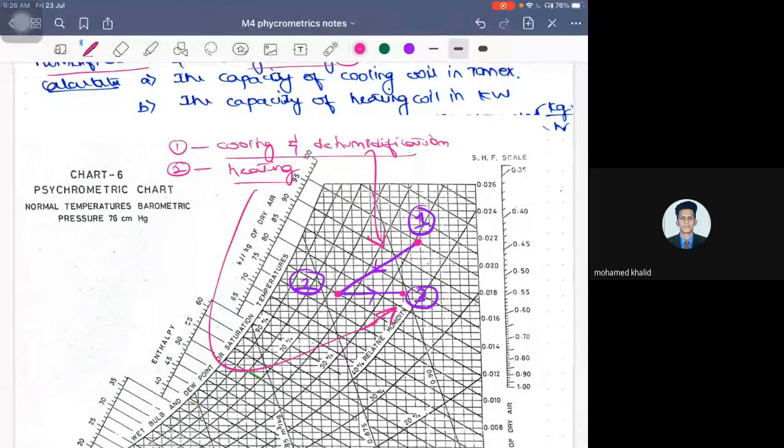Am I right? Whatever we have plotted, is it right?